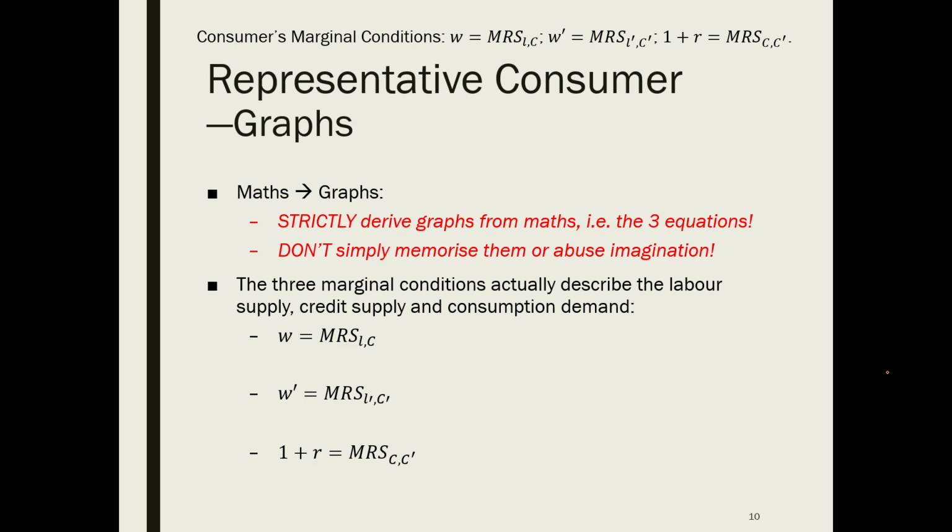Let's derive the graphs of the 3 conditions we have just seen earlier. For your convenience, I reproduce the 3 conditions at the top of the slide. First, what is the graphical counterpart of the intratemporal condition in the current period? The condition is W equals to MRS between leisure and consumption.